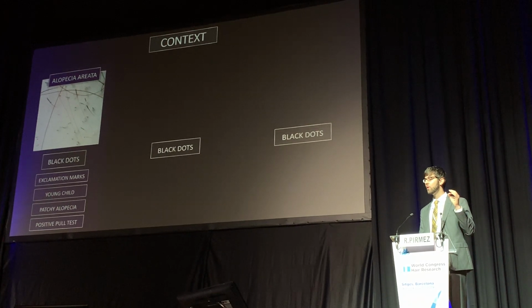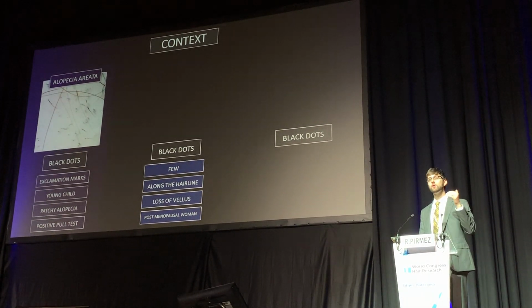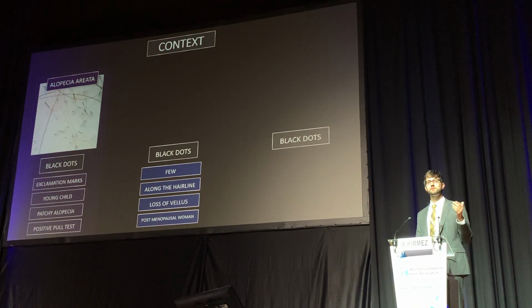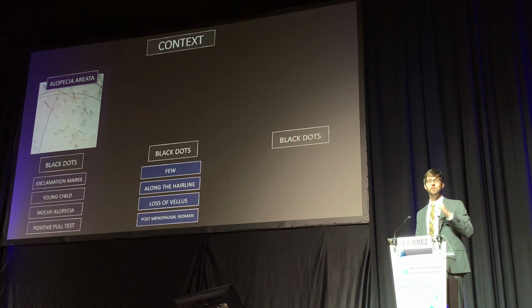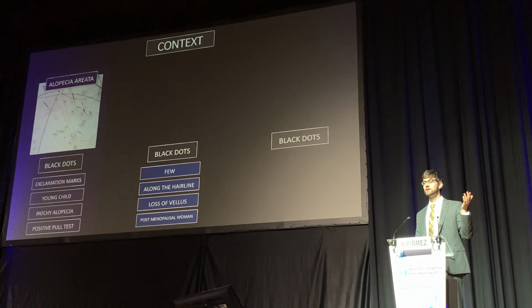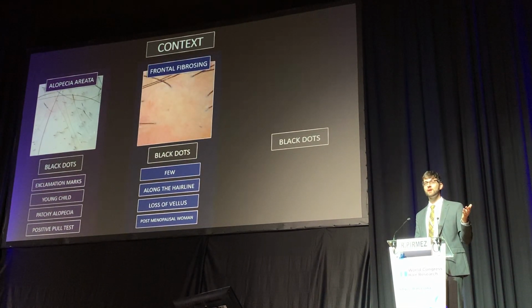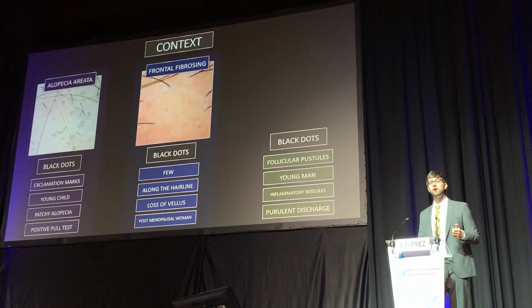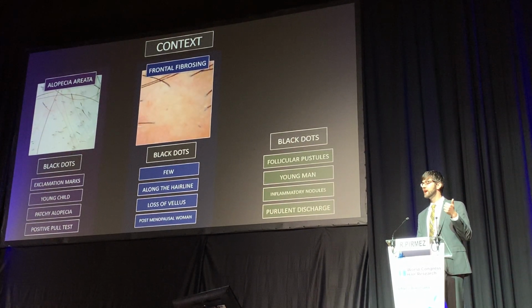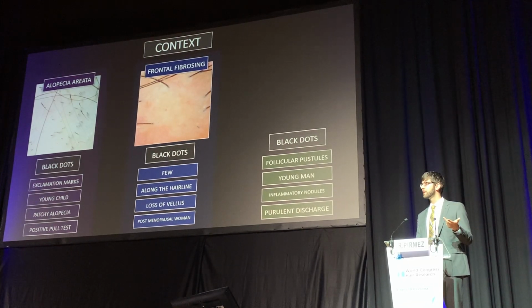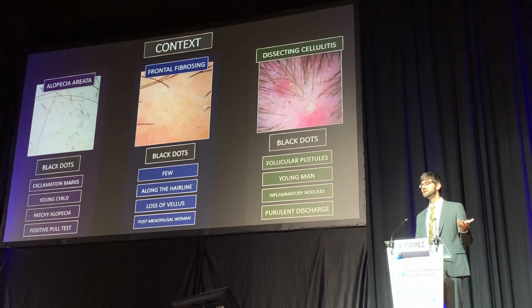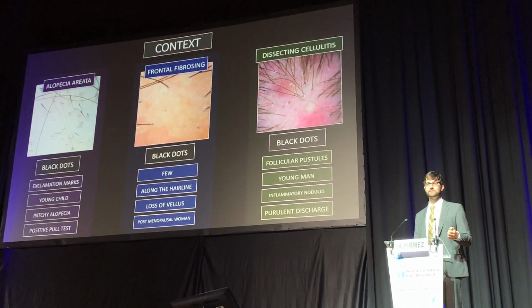But if you have only a few black dots along the hairline with loss of vellus hair in a postmenopausal woman, the diagnosis is completely different. It is frontal fibrosing alopecia. And finally, if you have black dots along with follicular pustules in a young man presenting with inflammatory nodules and purulent discharge, the diagnosis is dissecting cellulitis.